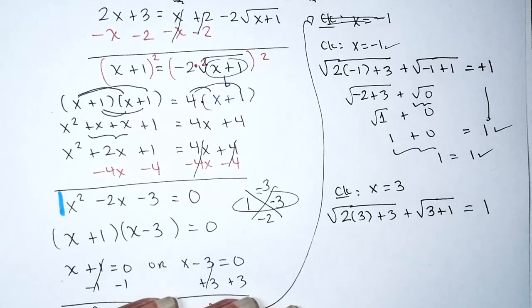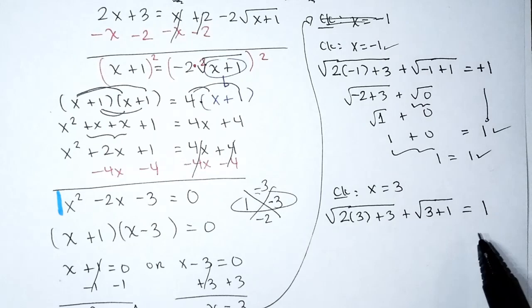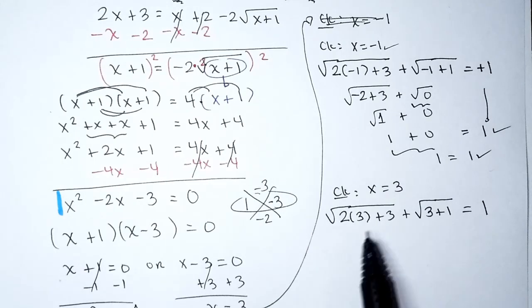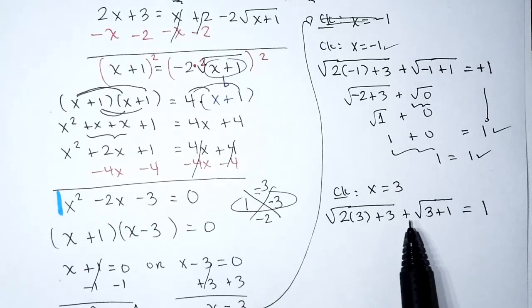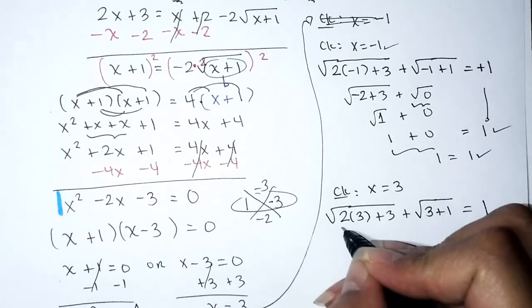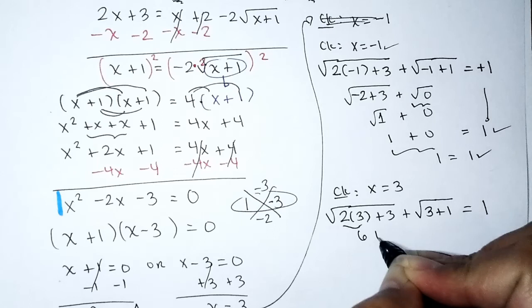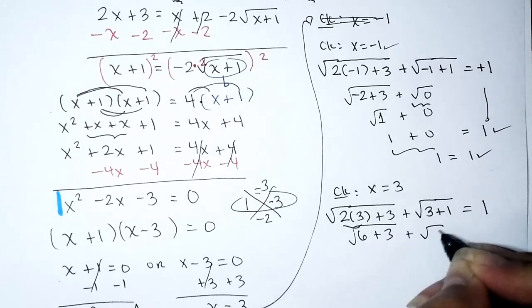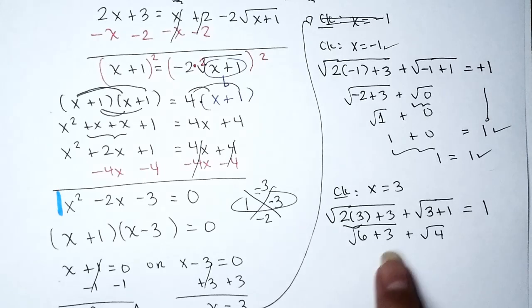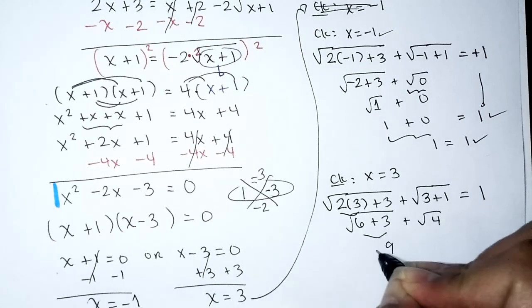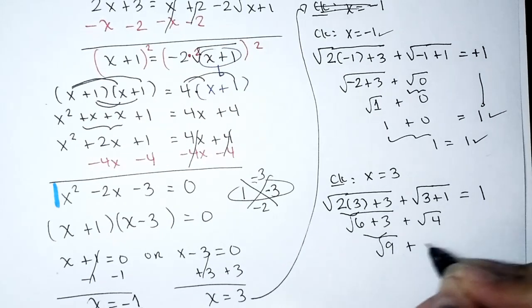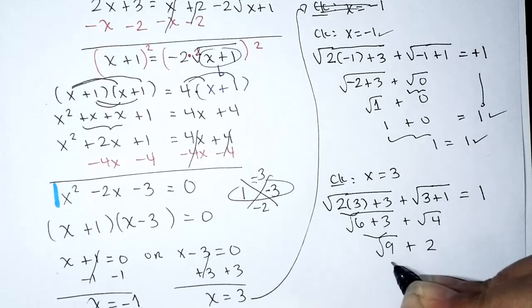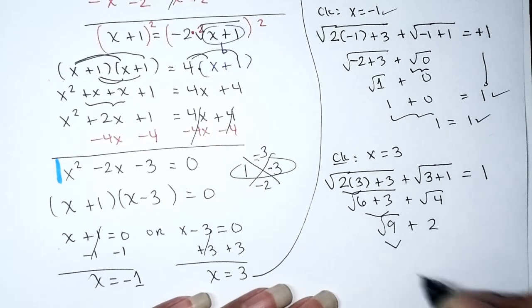So again, I apologize. It's not my style to go plug and chug. I always write down the equation, but if there's no space, then there's no space. Okay, product of 2 and 3 is 6. Sum of 3 and 1 is 4. Sum of 6 and 3 is 9. Square root of 4 is 2. Square root of 9 is 3.